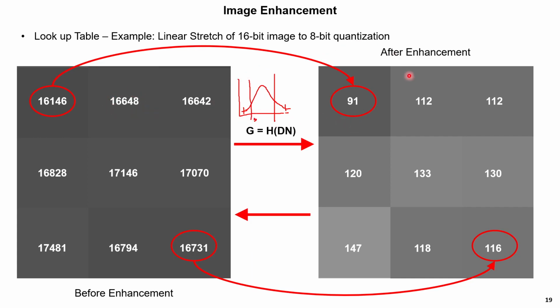Once you make any stretching, that spectral information is lost because you are applying some transformation function. You are adding some constant value and changing it to a different range. So you should not use these values for your calculation. You can just use it for a visual representation only.